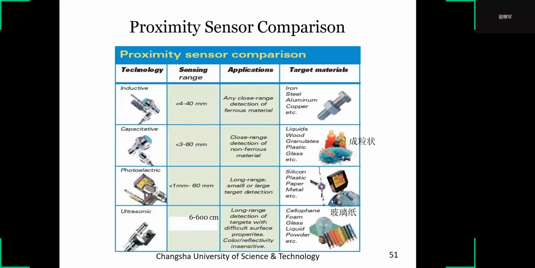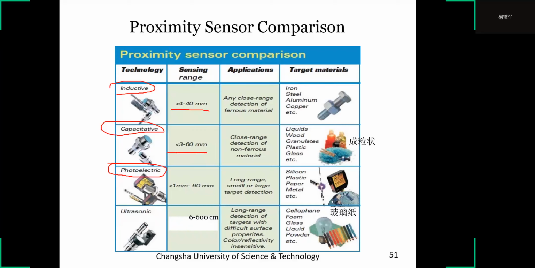Proximity sensor comparison. Inductive, capacitive, photoelectrical, ultrasonic. The inductive sensing range is 4 to 40 millimeter. Capacitive sensing range is 3 to 60 millimeter.